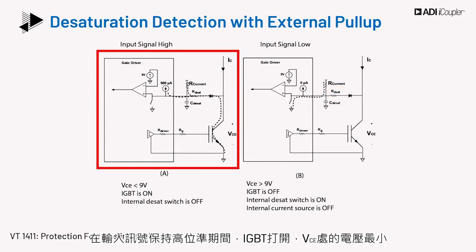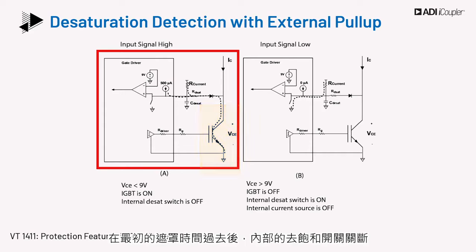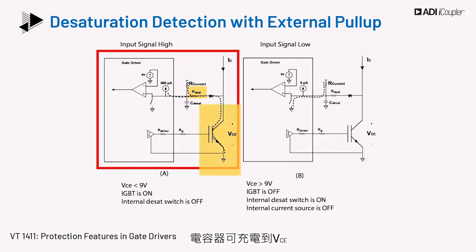During the high duration of the input signal, the IGBT is turned on and there is minimal voltage at VCE. After the masking time, the internal DSAT switch is turned off and the capacitor is allowed to charge to VCE.